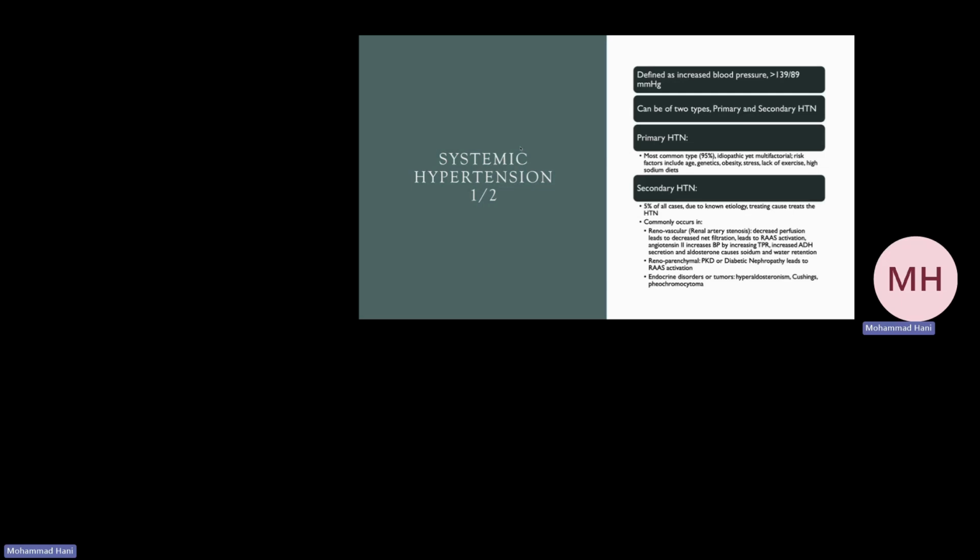So in hyperaldosteronism, what happens is basically you have increased production and secretion of aldosterone. Increased aldosterone, as mentioned earlier, increases sodium resorption, and with sodium you also have water. But at the same time, it also increases loss of both potassium and hydrogen ions.